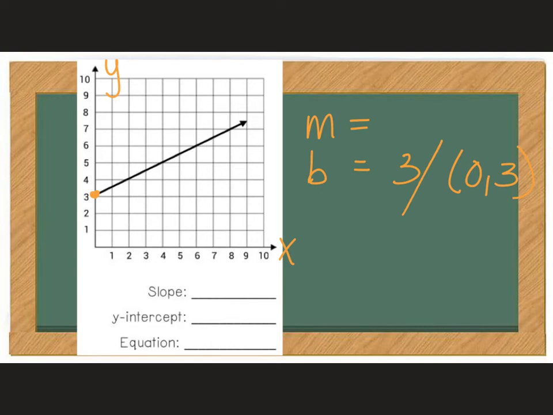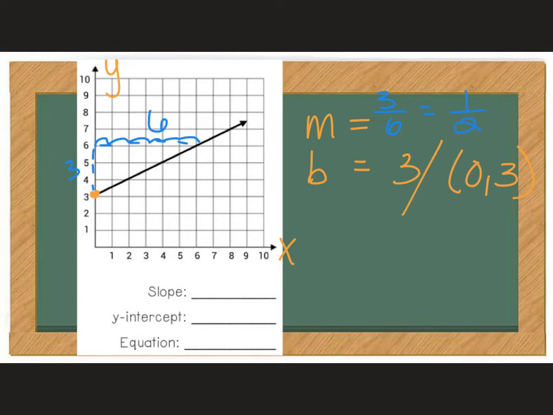Remember, slope is rise over run. So I'm going to use the idea of rise over run, creating a little triangle here to find our slope. It looks like there's a rise of 3 and a run of 6. So the slope would be 3/6, or 1/2.